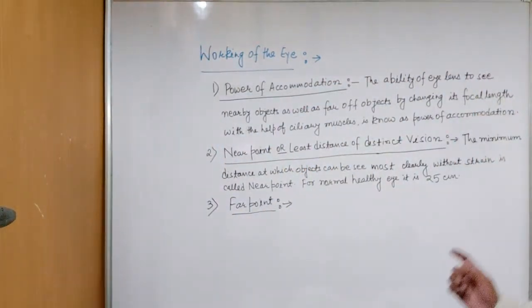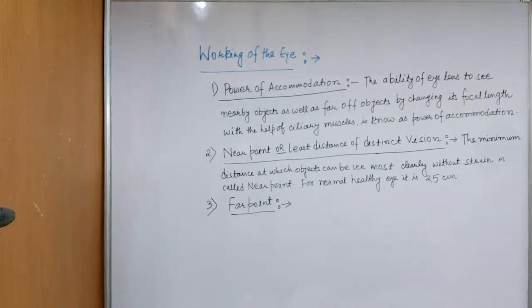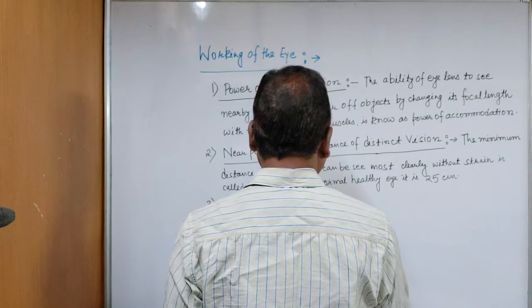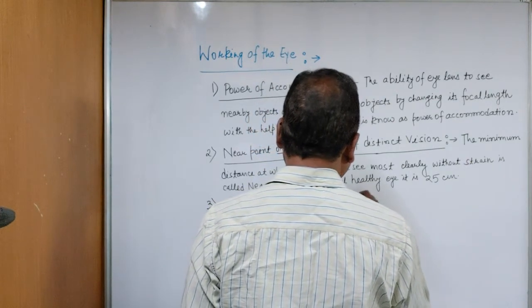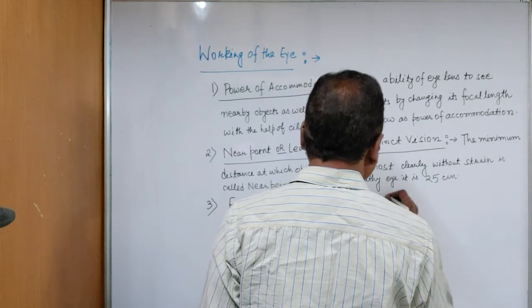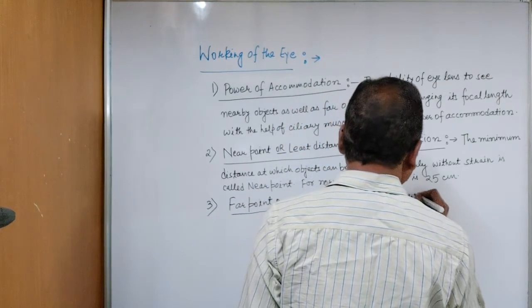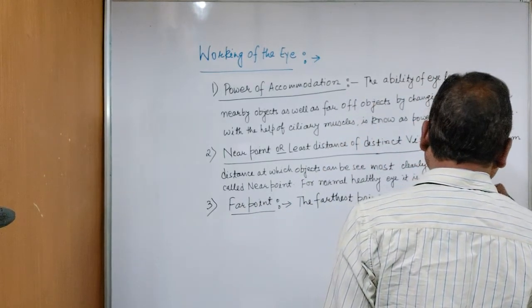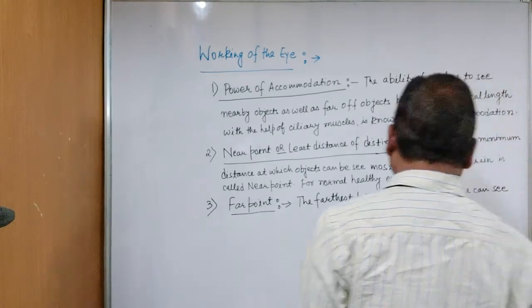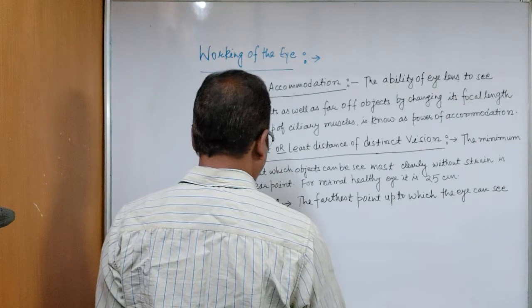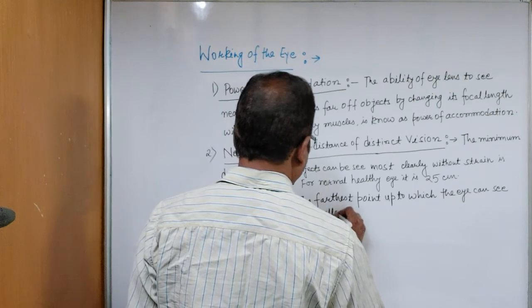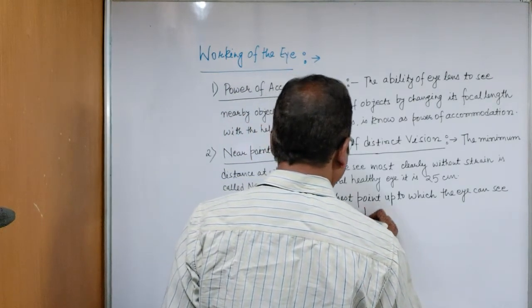So write a definition for far point. The farthest point up to which the eye can see the objects is called far point.